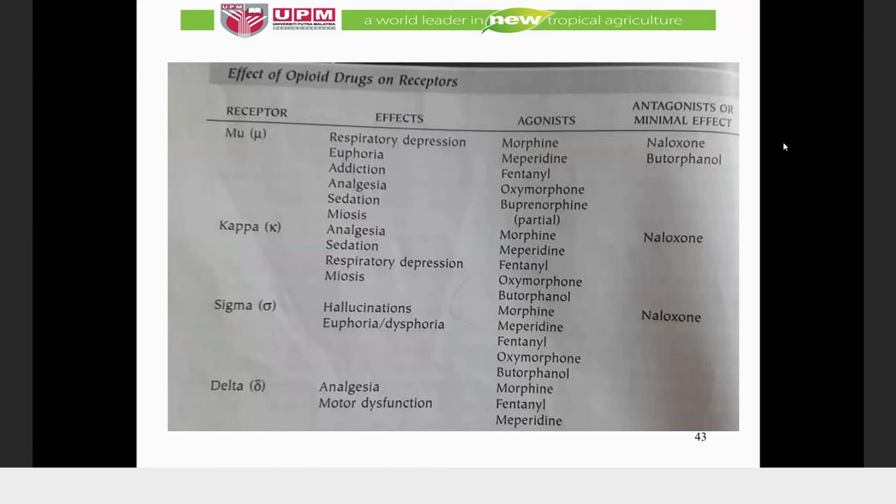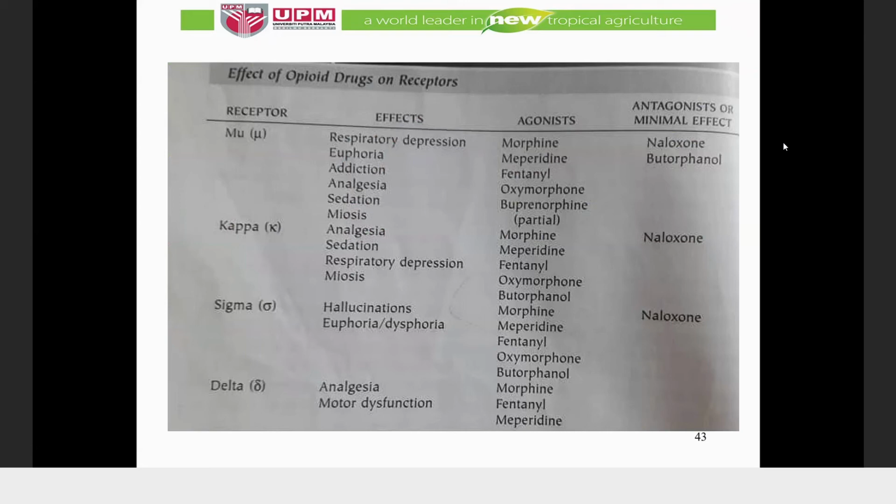Mu receptor drugs are morphine, for example, mepridine, fentanyl, oxymorphone, and buprenorphine. They act on mu receptors and also kappa receptors, and morphine can also work on sigma and delta. Morphine, fentanyl, and mepridine are the 3 ones.